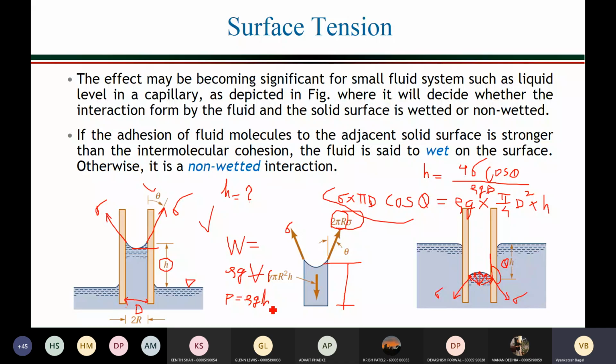We are going to derive this formula in the coming two or three lectures. The pressure force will be rho g h, the pressure, into the area on which it acts, which is pi by 4 d square.